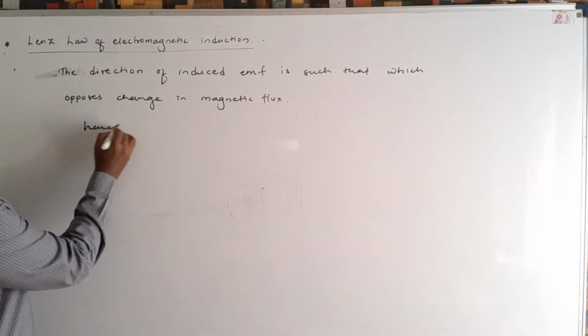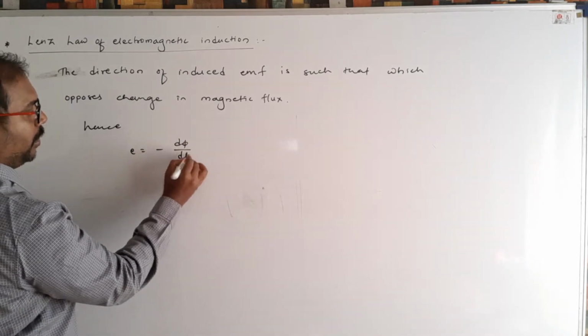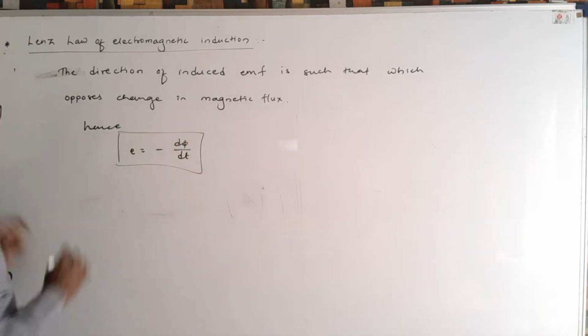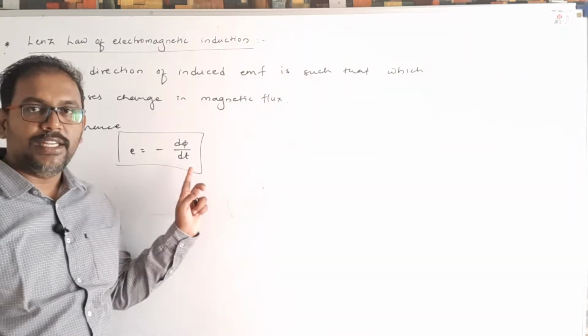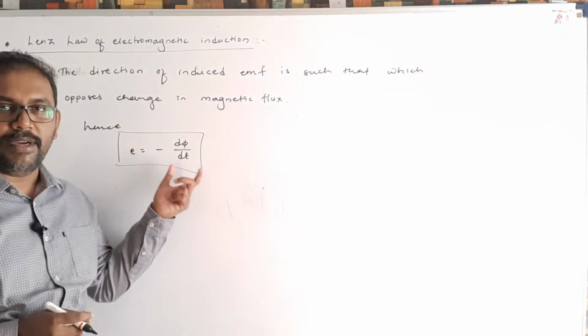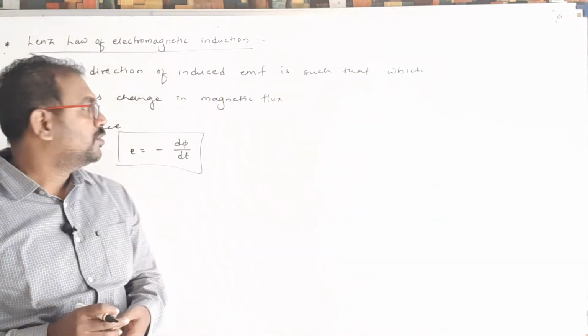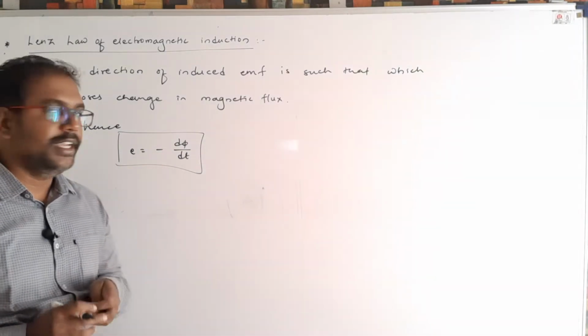Hence, we can write this law in this format: E is equal to minus d phi by dt. This negative sign indicates that this EMF opposes d phi by dt, the change in magnetic flux, the rate of change of magnetic flux. So here we put the negative sign.